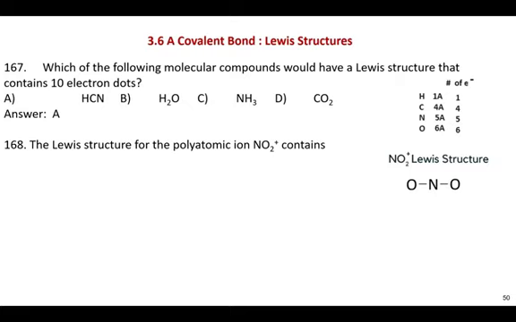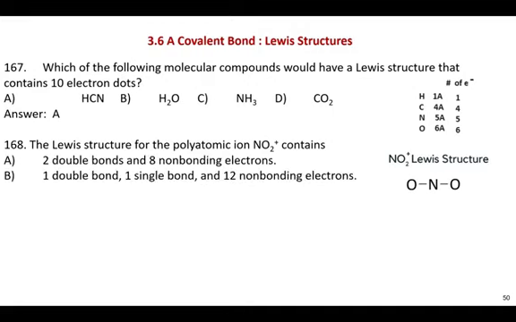So therefore, 8 valence electrons, 1 single bond, 1 double bond, and 5 non-bonding electrons. 2 double bonds, no. 8 non-bonding electrons. This is only 5 non-bonding electrons. 1 single bond, 1 double bond, 12 non-bonding electrons.